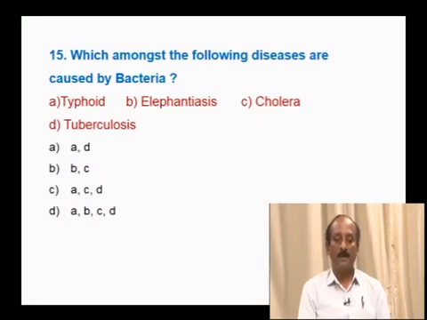Cholera is caused by a bacterium called Vibrio cholerae, and tuberculosis is caused by Mycobacterium tuberculosis. Hence, among these options, typhoid, cholera and tuberculosis are caused by bacteria, but elephantiasis is caused by a filarial worm, that is a helminthic disease, and the correct answer for this question is option C, that is typhoid, cholera and tuberculosis.